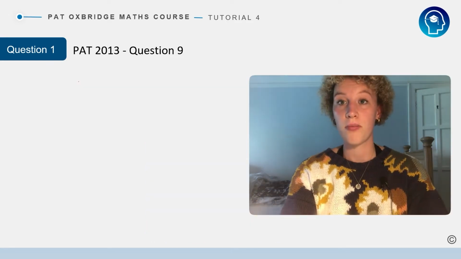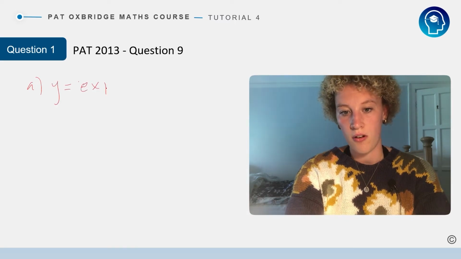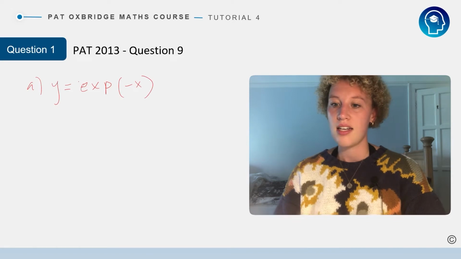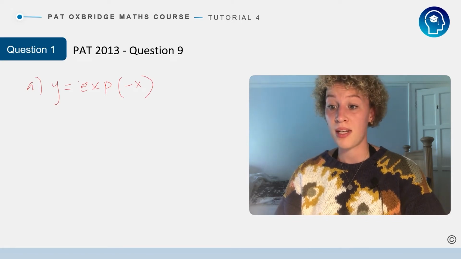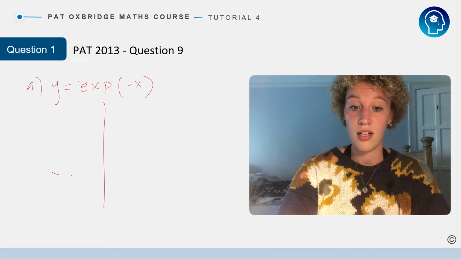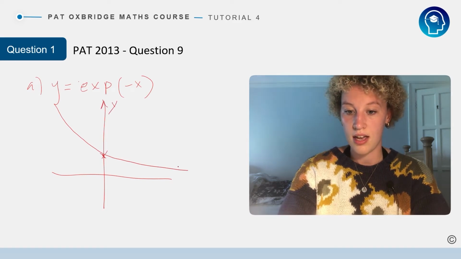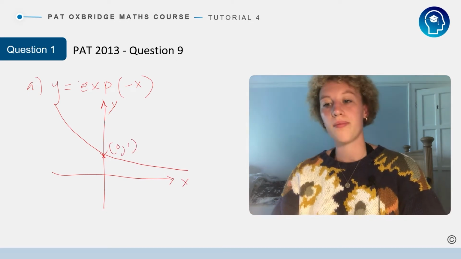If we approach part A, we are asked to sketch y is equal to the exponential of minus x. Now, this is simply the exponential function reflected in the y-axis. So we know it's just going to look like this. And if this is y and this is x, the intercept is going to be 0, 1.